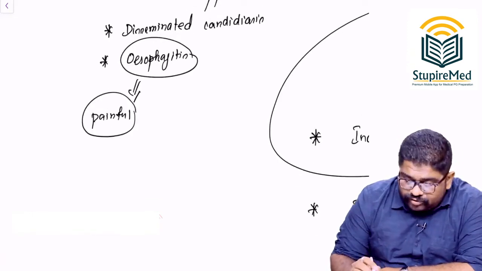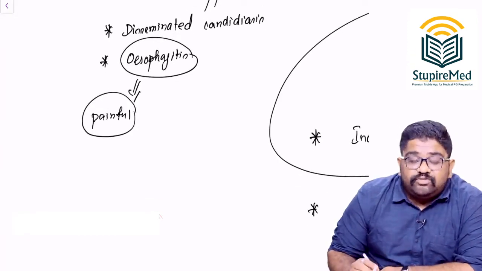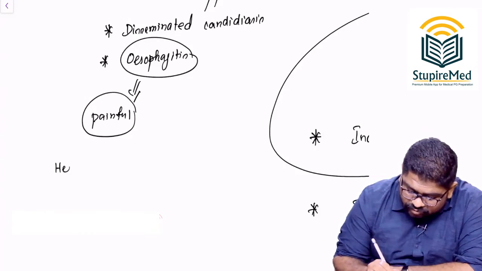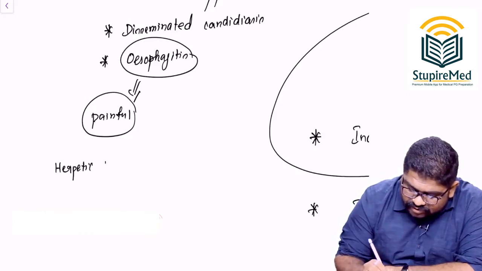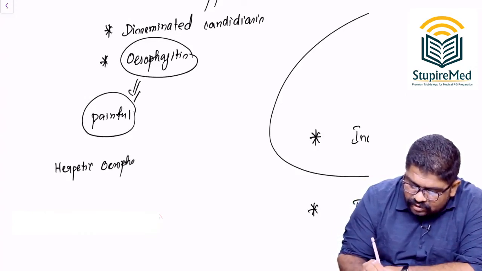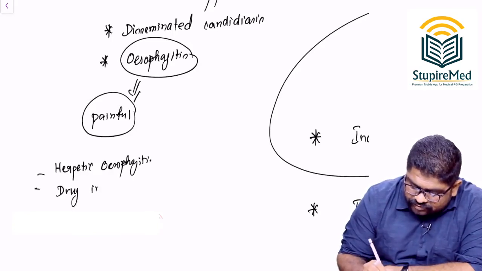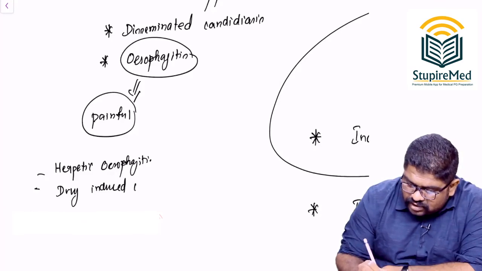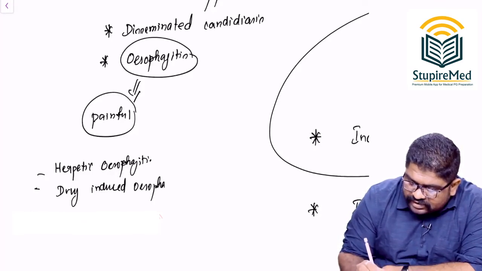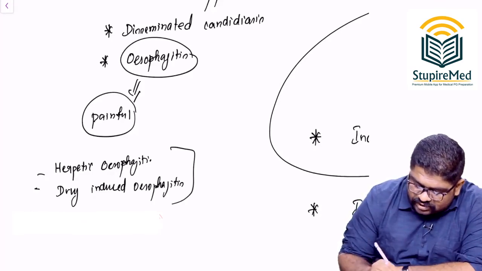It can cause odynophagia. Where else will you find painful esophagitis? In case of herpetic esophagitis and in case of drug-induced esophagitis. These are the three conditions where you will be facing painful esophagitis in the history.